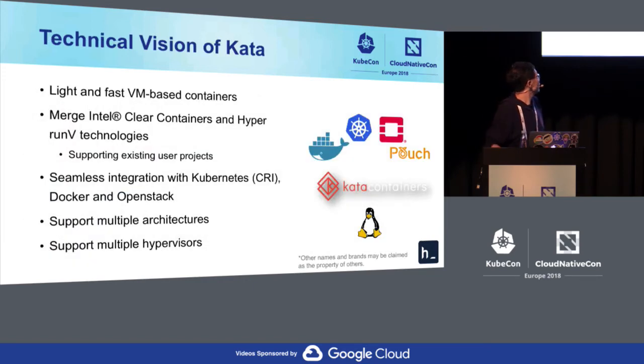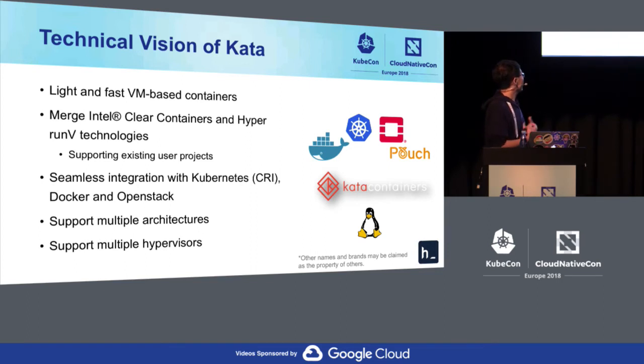And the vision of Kata Containers is to make it a light and fast VM-based container. You know, the container itself means lightweight, but with a VM you always think it's heavy, not light. But in the Kata Containers project we try to make it as light as a container, but as secure and isolated as a VM.